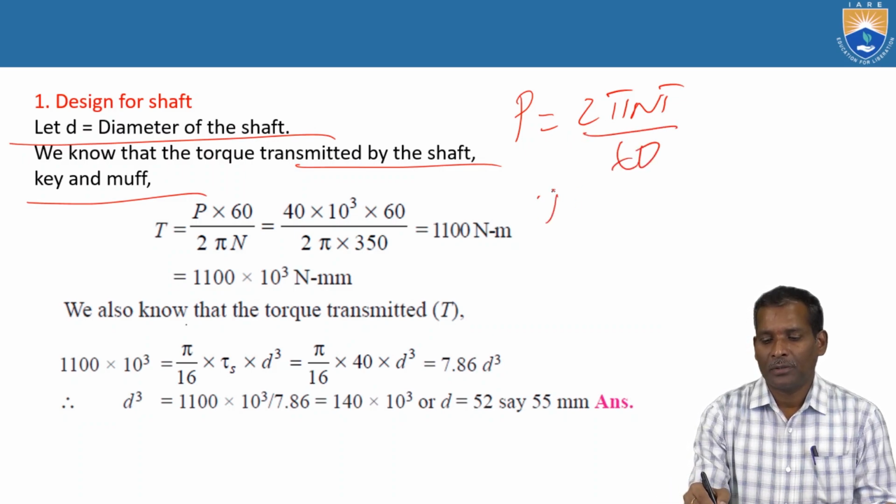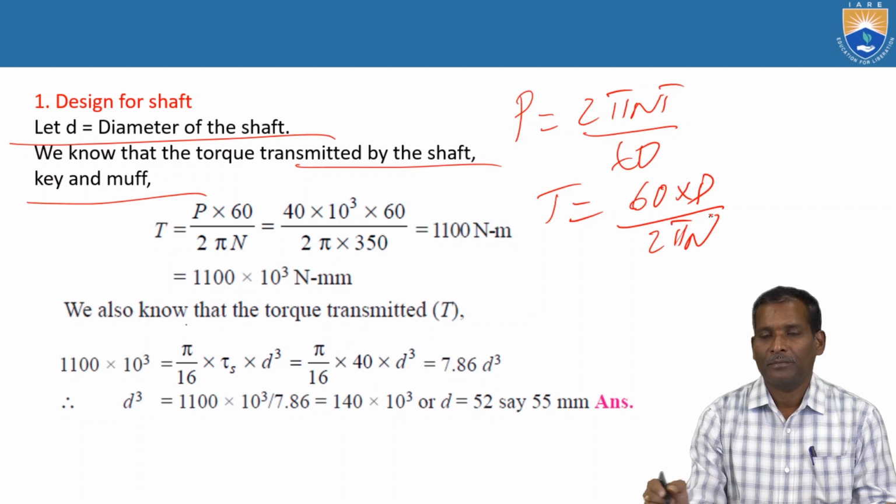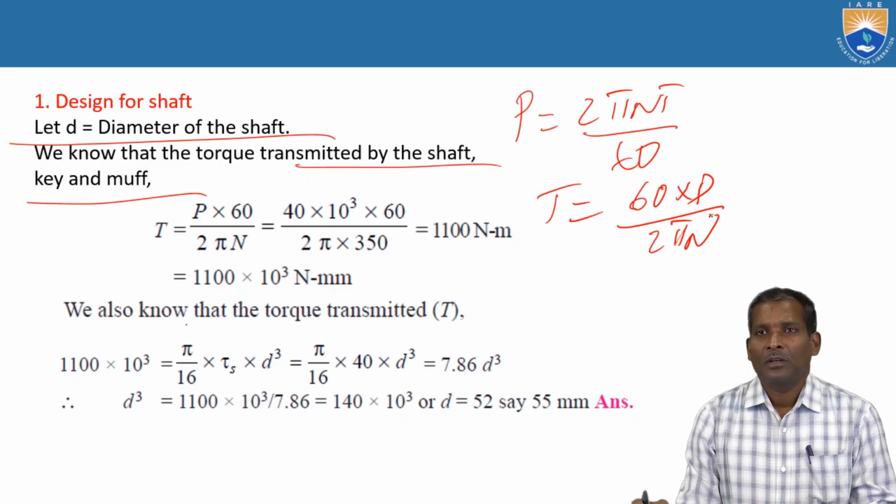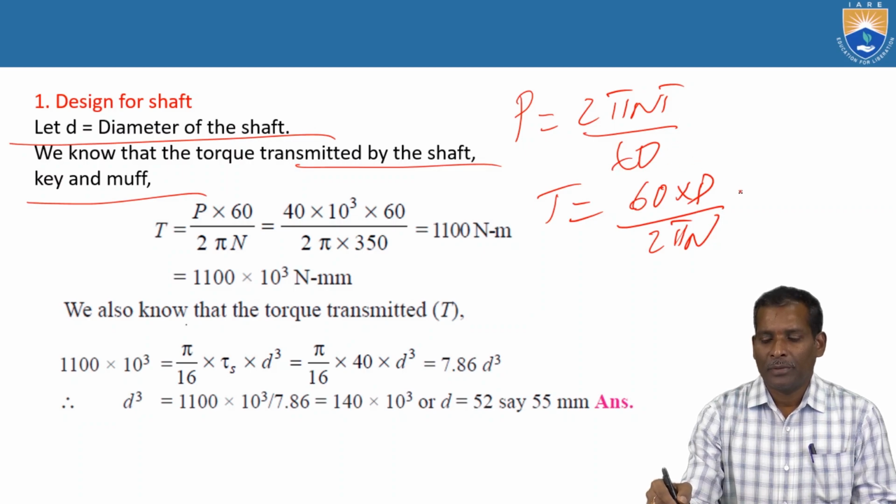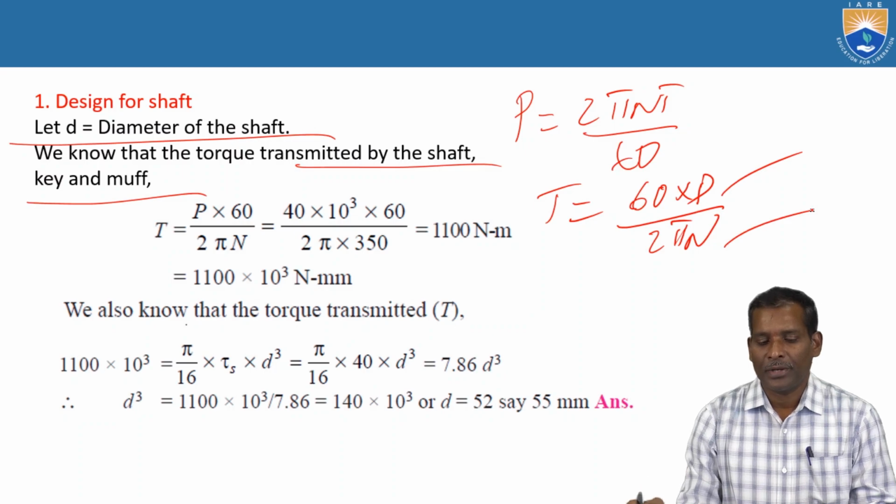So T is equal to 60 P by 2 pi N, where P is the given power and N is the speed.